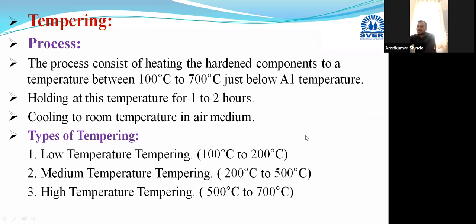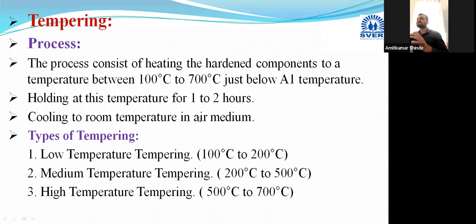Now, what exactly happens in these three different temperature temperings, I will explain one by one: what happens during low temperature tempering, medium temperature tempering, and high temperature tempering. Please listen carefully, because for this explanation I have not added any slide here.